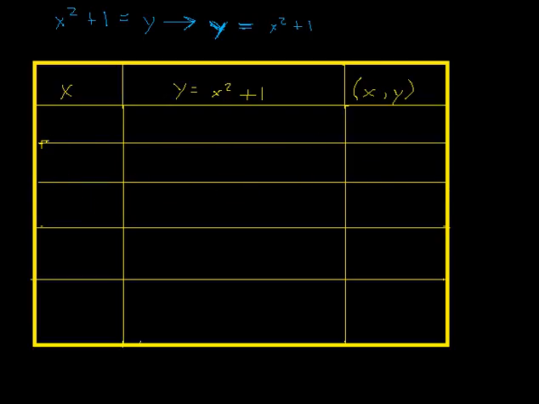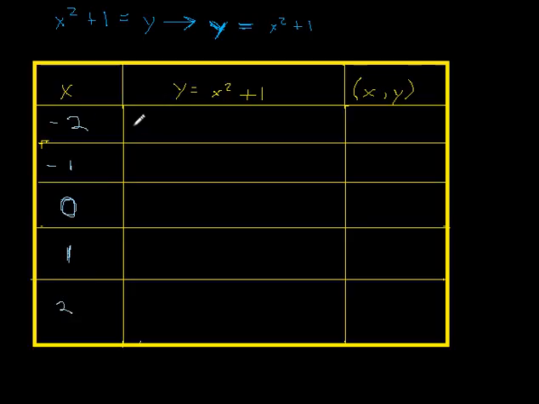Cool. So let me change my pen color and we'll get started. I'm just going to fill in some random values here, and you can use any values you want for the x, but remember I don't have a domain here, so I've got to make up the numbers. I'm going to use some simple numbers just so I get a good idea of what the shape will be that I graph from the function.